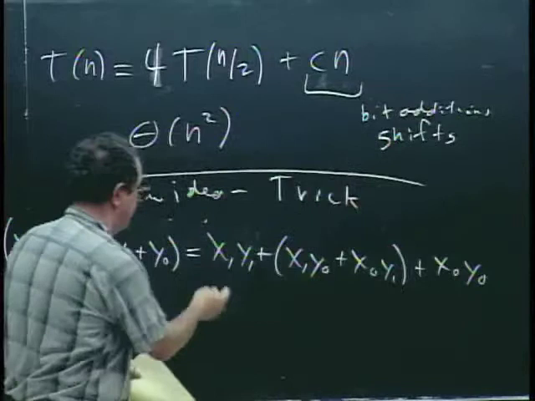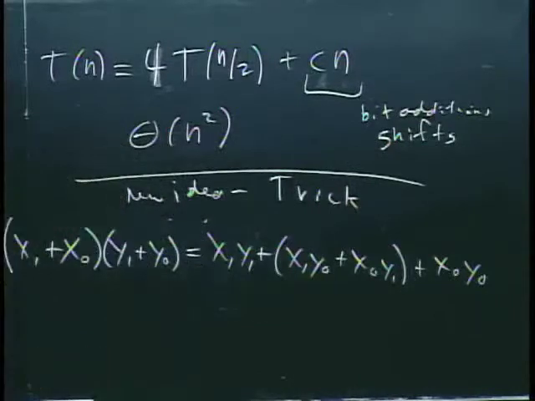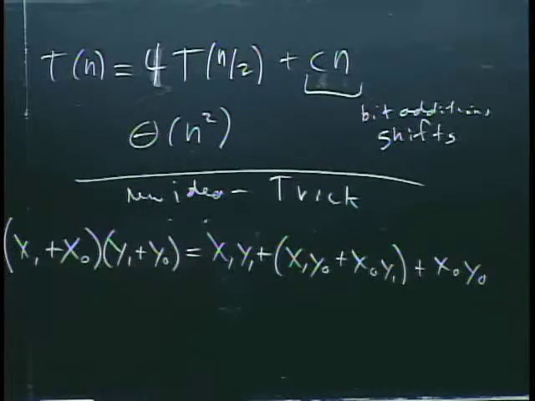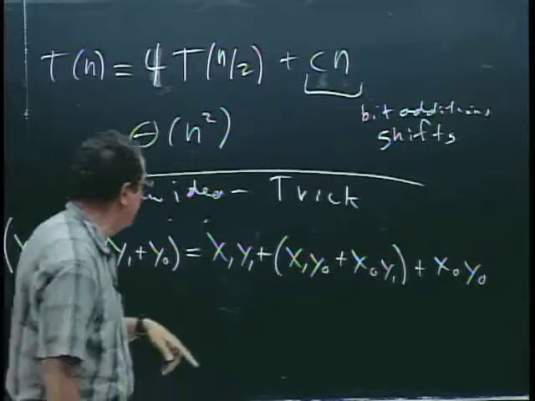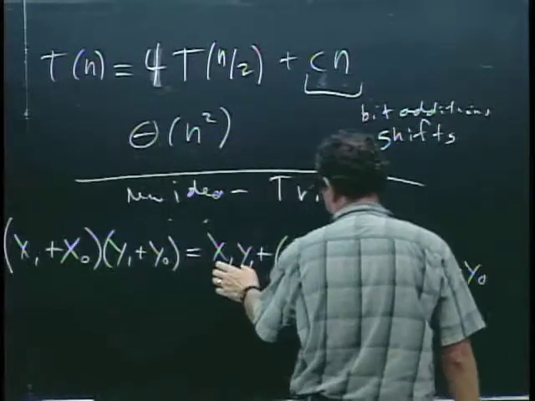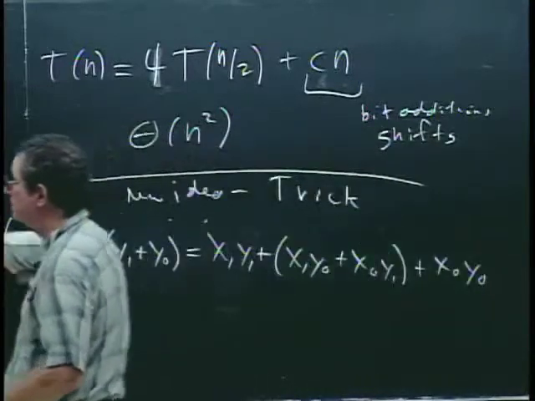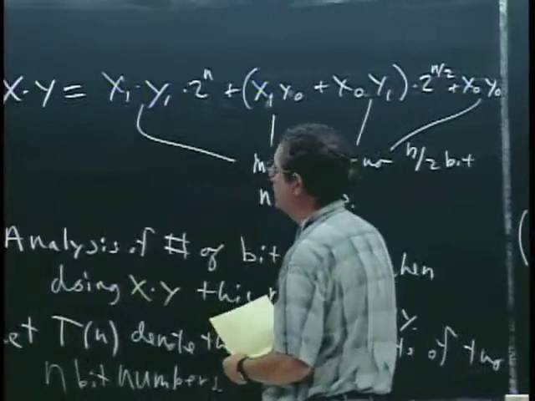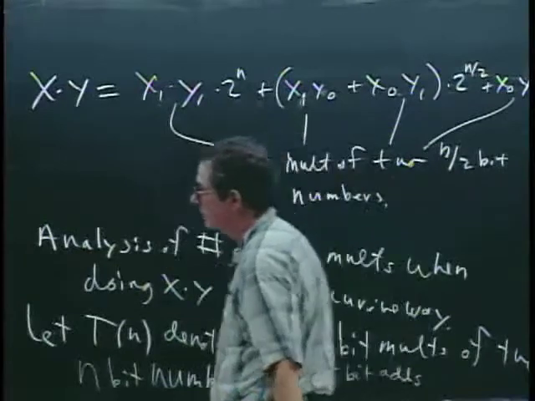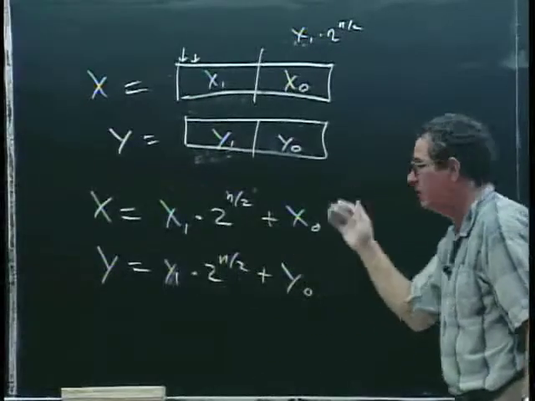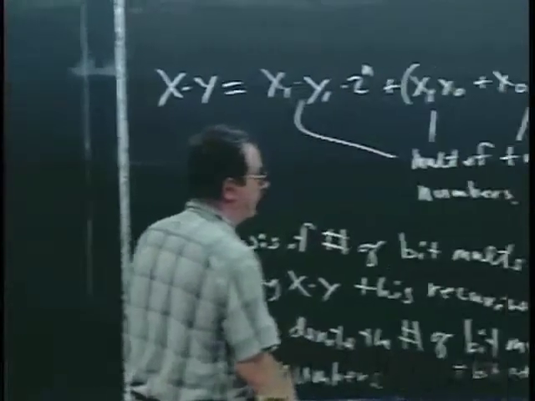I'm going to run out of board space, so let me write over here. Just doing the cross products. Nothing fancy here. And I put the parentheses there for a reason that I'll explain in a minute. But one thing I want to point out is that each one of these 4 terms are the terms that show up here as well, not surprisingly. Here we're doing a cross product that involves x1 and x0, y1 and y0, so you're going to see those same terms.